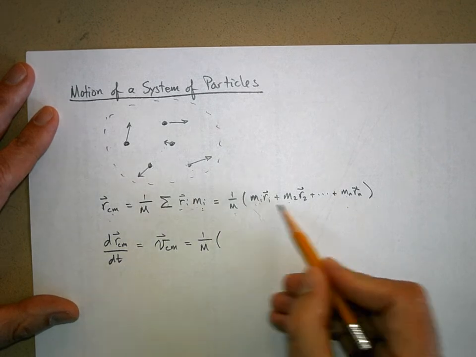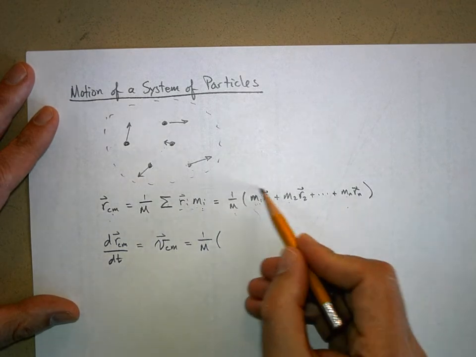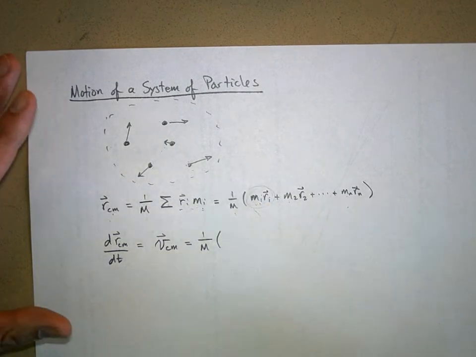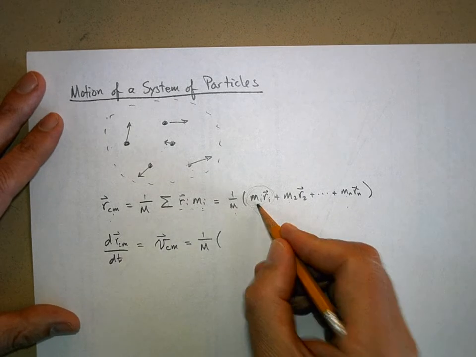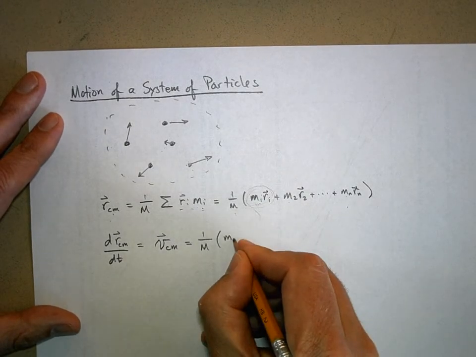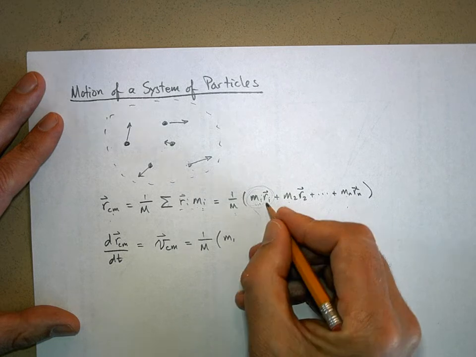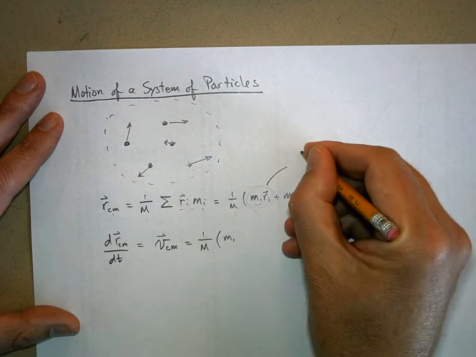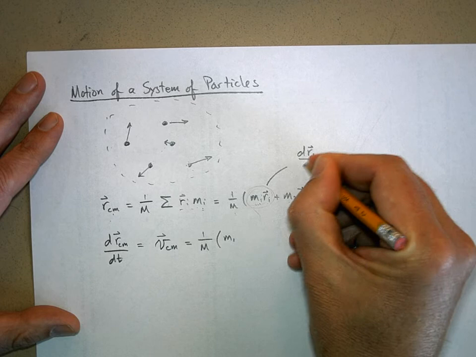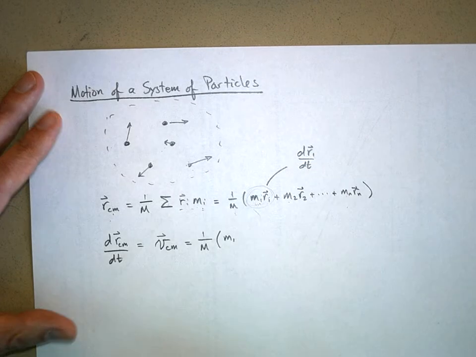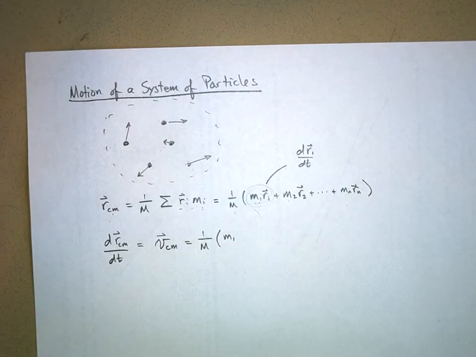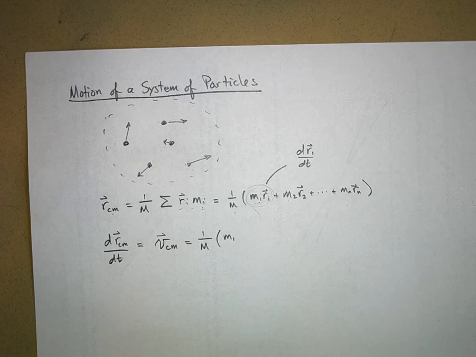Then we have to take the derivative of these guys. This is really pretty simple. m1 is a constant, but I have dr1. The derivative of this is just dr1/dt, but what is dr1/dt? That's the velocity of object 1.